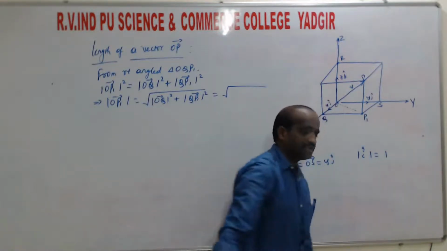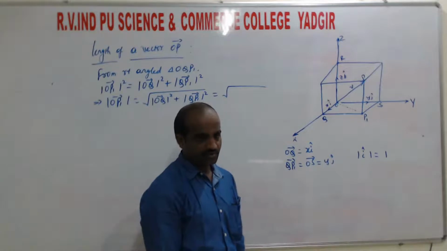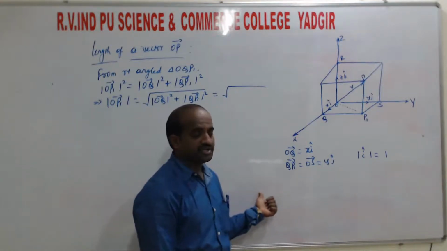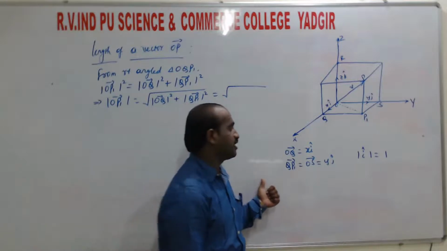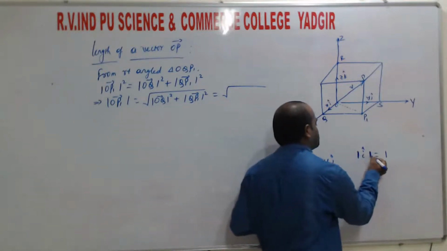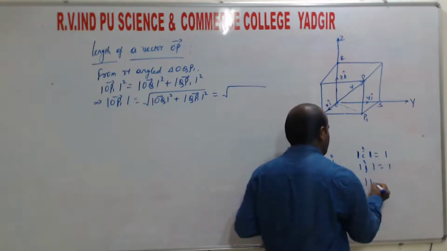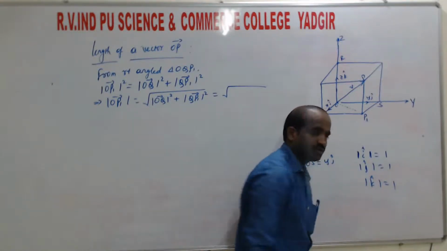A unit vector is defined as a vector whose magnitude is 1. So the magnitude of i cap is 1, of j cap is 1, and of k cap is 1.